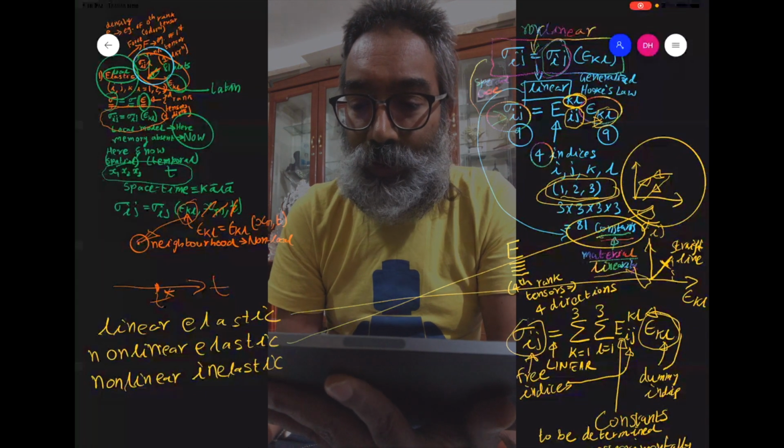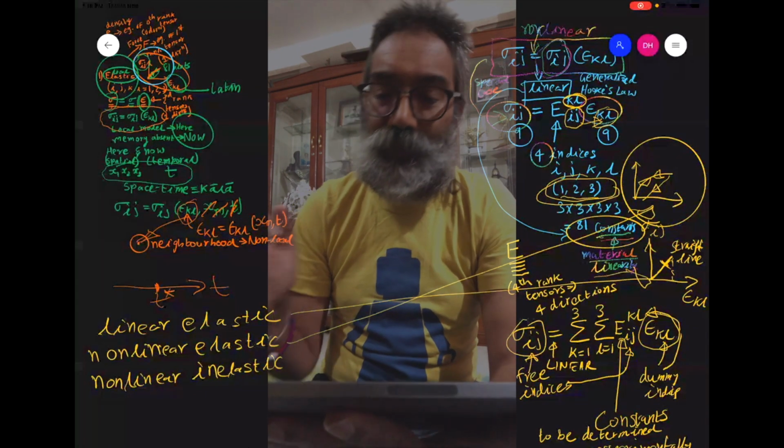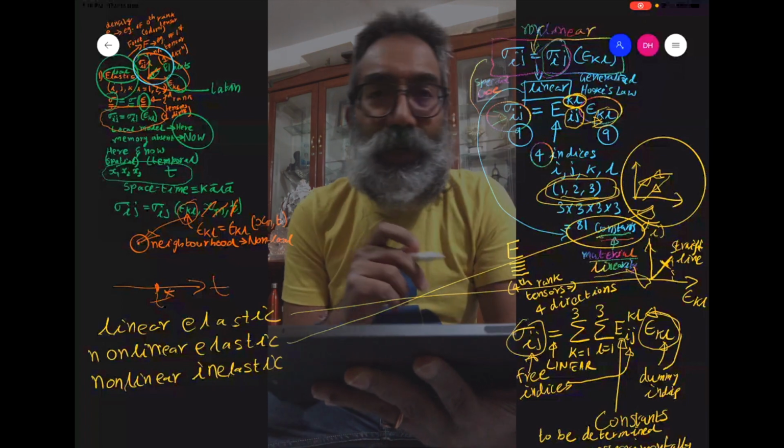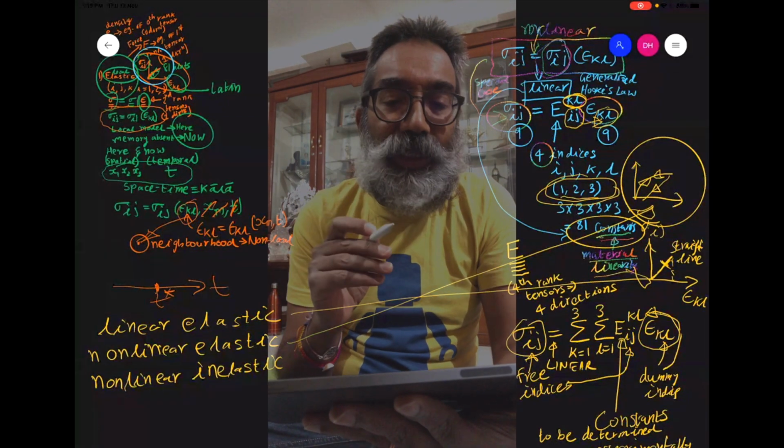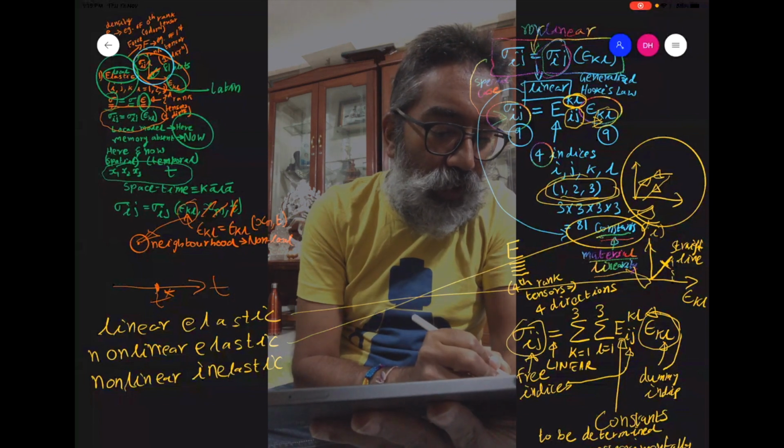No. Let's see. The covariant and contravariant are basically geometric features. So you're basically saying that something is varying along a curve.